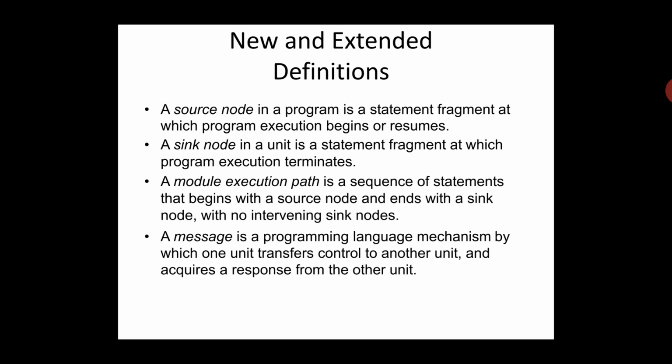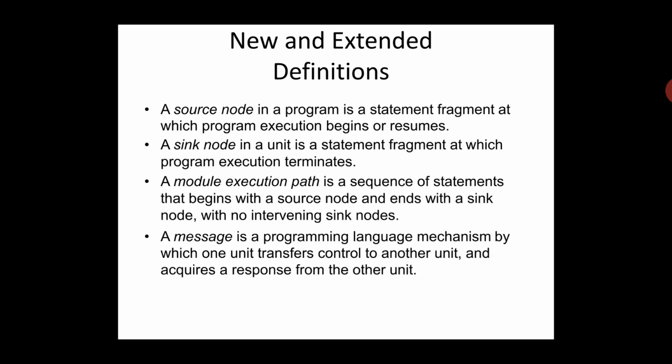As already told, a source node in a program is a statement fragment at which the program's execution begins. The first node is the source node. A sink node in a unit is a statement fragment at which program execution terminates. Where does the program terminate? At the last node only.